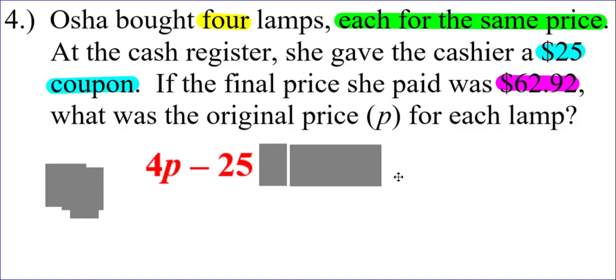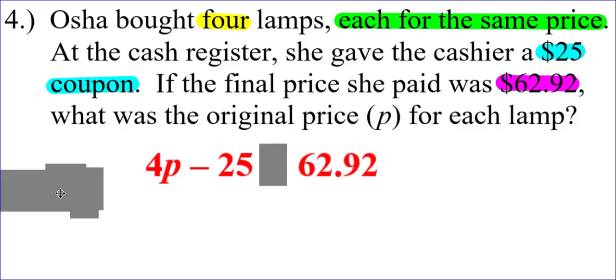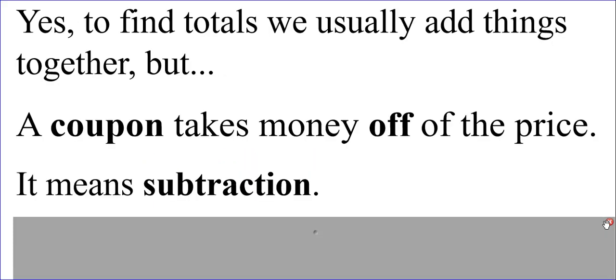We know the final price was $62.92. This is supposed to be an algebraic equation. Equations have equal signs, and there's only one logical place for the equal sign since we filled everything else in. That's going to be right there to the left of the $62.92.